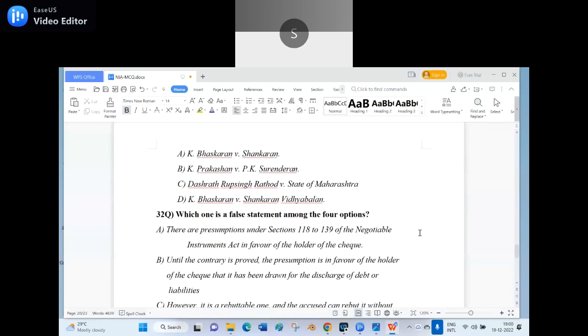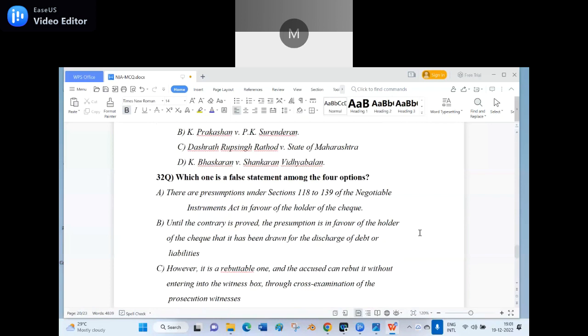Okay, 32nd question. Which one is a false statement among the four options? A. There are presumptions under Section 118 to 139 of the Negotiable Instruments Act in favor of the holder of the check. B. Until the contrary is proved, the presumption in favor of the holder of the check is that it has been drawn for the discharge of the debt or liability.